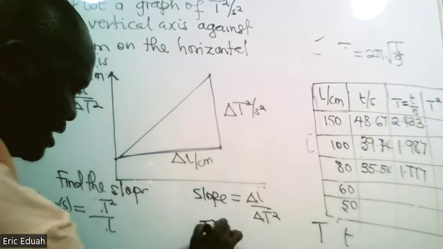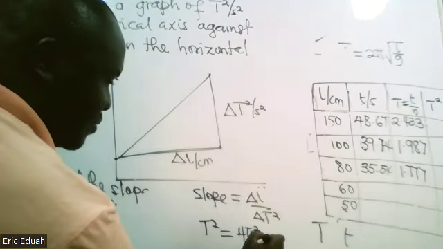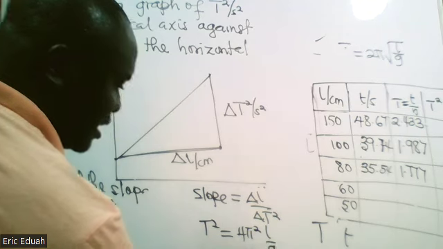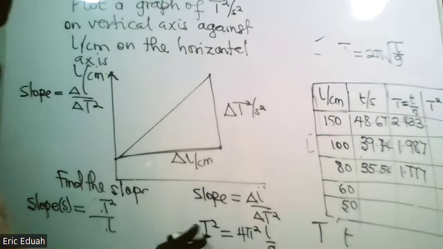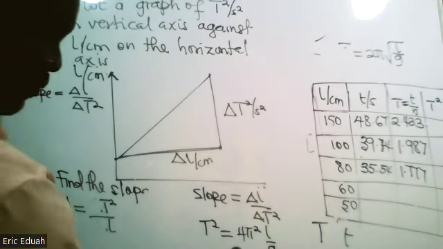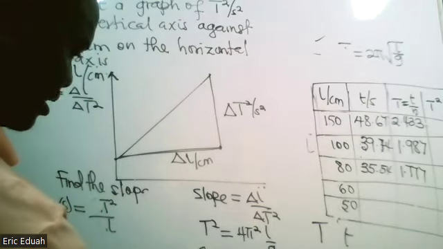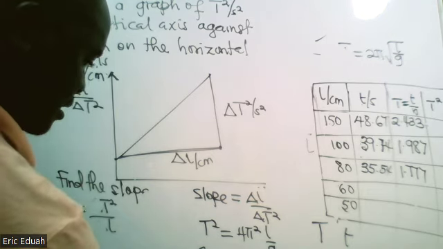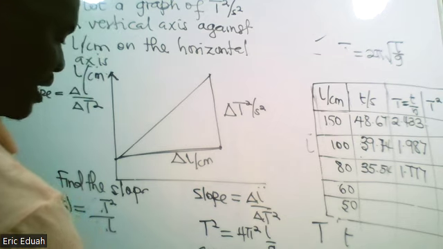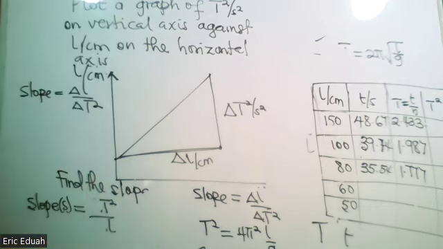T squared will be equal to 4 pi squared L over g. This time around, L must be the vertical and T squared must be the horizontal. So I multiply through by g and divide through by 4 pi squared.